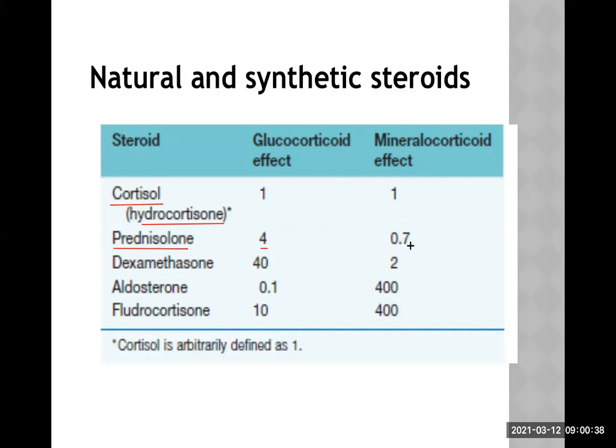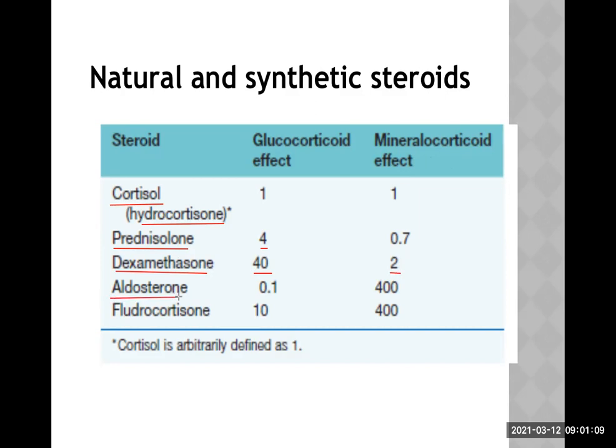See this, just 0.7 in comparison to 1. Dexamethasone and betamethasone are the most powerful forms of glucocorticoid. Now see this, 40 times more potent than hydrocortisone, whereas the mineralocorticoid effect is also double that of cortisol. So these are very powerful types of glucocorticoid.